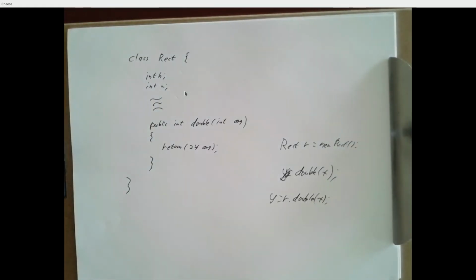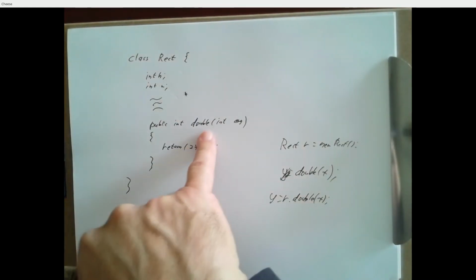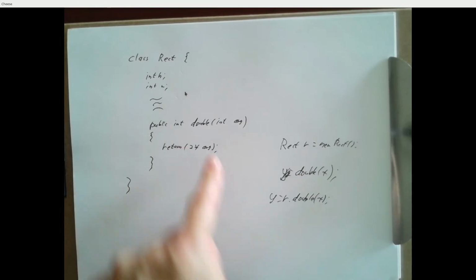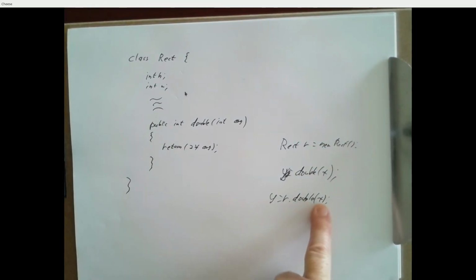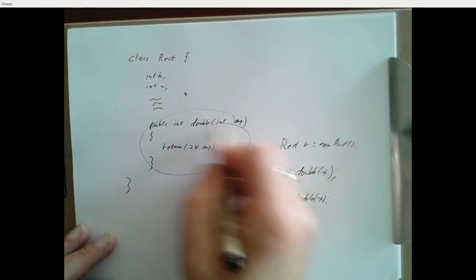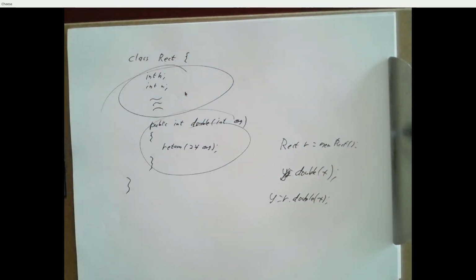And the mechanics here are r is an object of type rectangle, and rectangle has an instance method called double, so let's run the code in double, pass it an x, get back a y. But this code is not using anything about this particular rectangle that we're using to invoke it. Right?